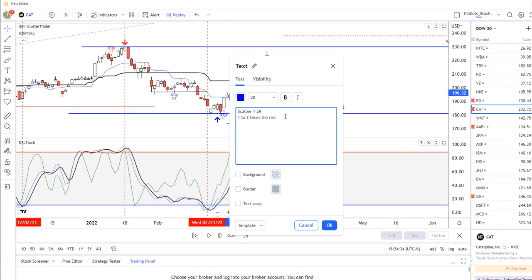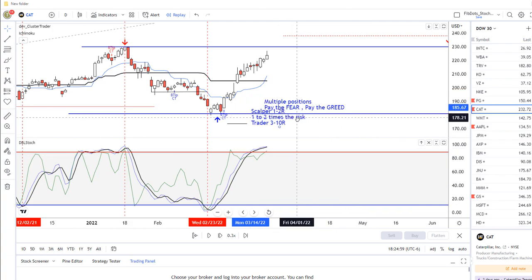The second half of the position, let's say we bought 100 shares, I call that the trader. Yes. There you go. Cover, sell, take profits. Yep. Okay, so on the trader, I can look for 3 to 10R. And that's how we come in and we start to trail stops just like you said.